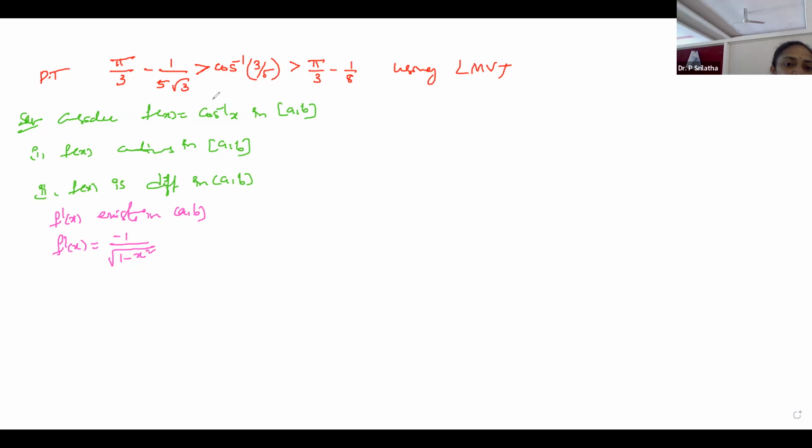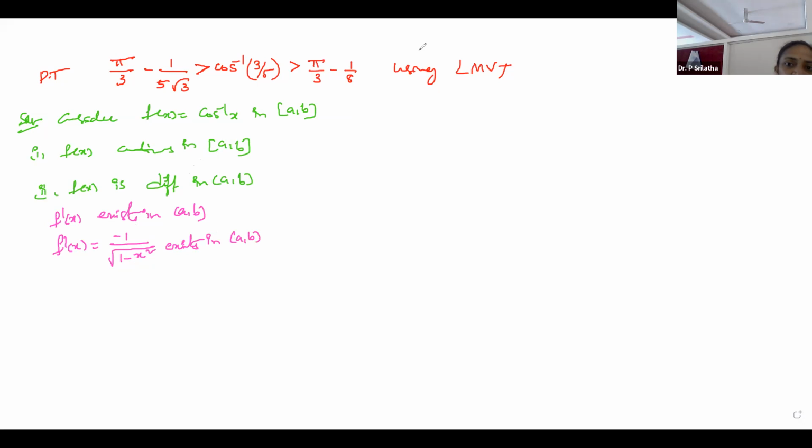The differentiation of cos inverse x is minus 1 by under root of 1 minus x square. The differentiation of sin inverse x is 1 by under root of 1 minus x square. So the difference is that here we are having a minus. Minus 1 by under root of 1 minus x square exists in a comma b.